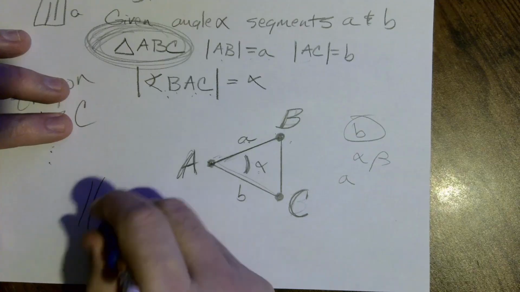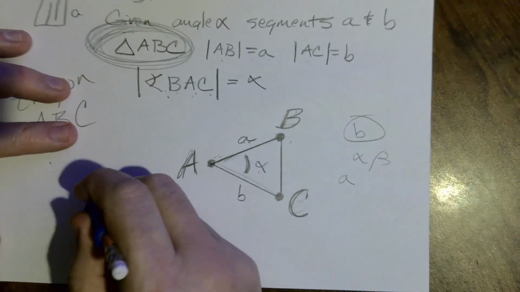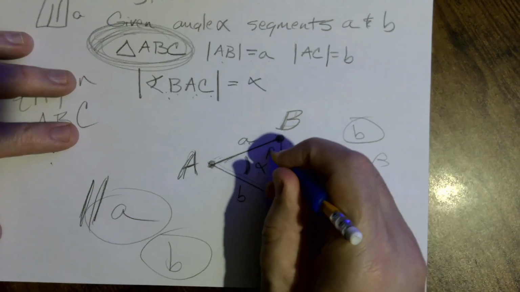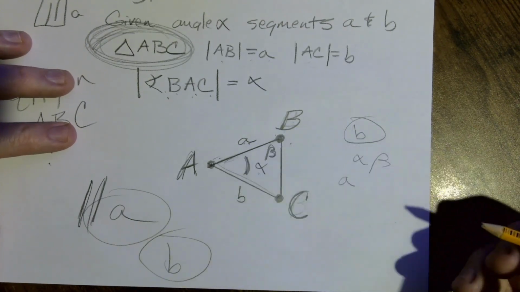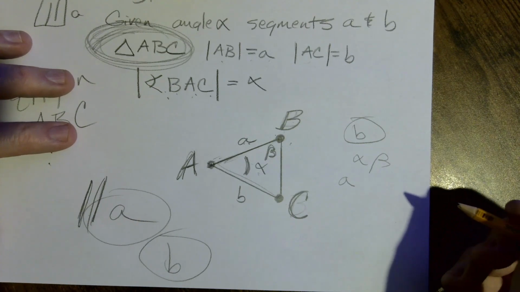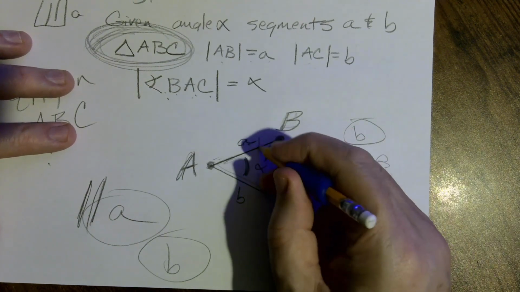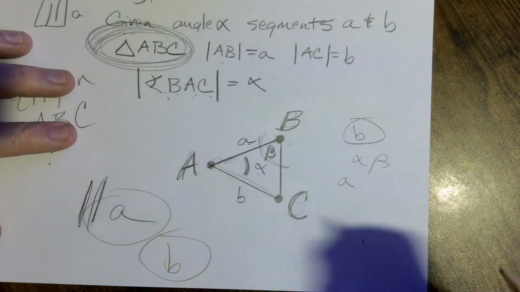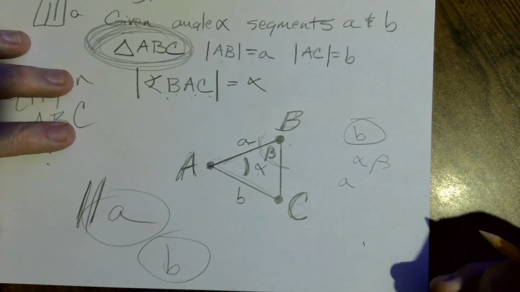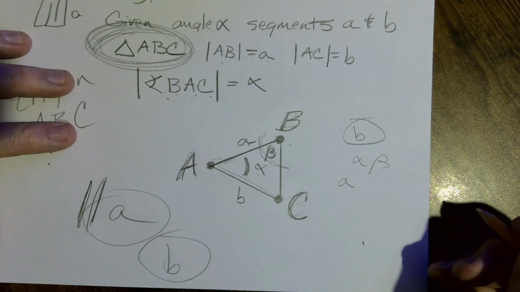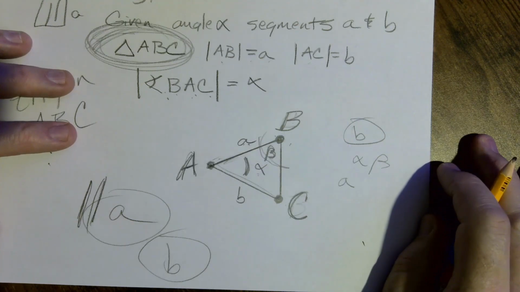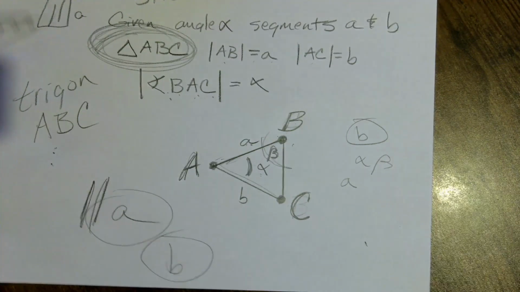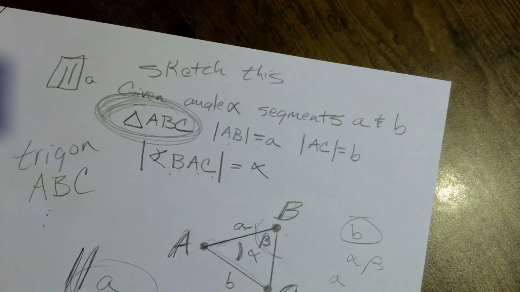So to do 11B, let me just name this beta. We'd be sketching the same thing, ABC, this angle, this beta. So this sketch, this figure, satisfies what they wanted in 11. Basically some instructions to draw something, not really writing a theorem. There we go.